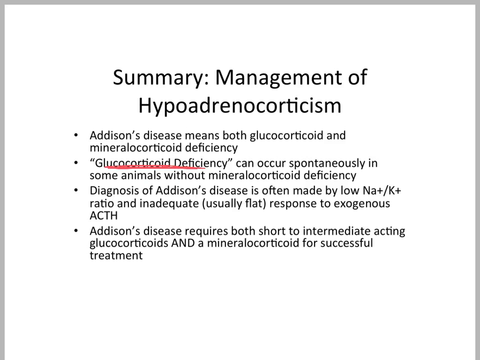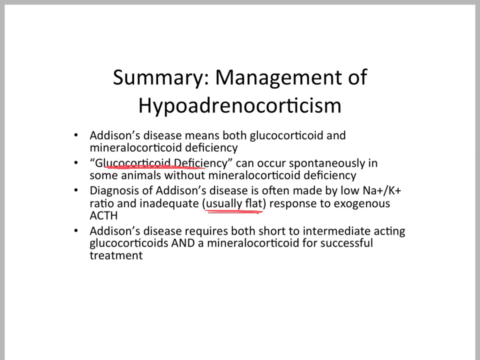The diagnosis of true Addison's disease is often made by showing a low sodium-potassium ratio and an inadequate or flat response during an ACTH test. And finally, Addison's disease requires both short to intermediate-acting glucocorticoids and a mineralocorticoid for successful treatment.